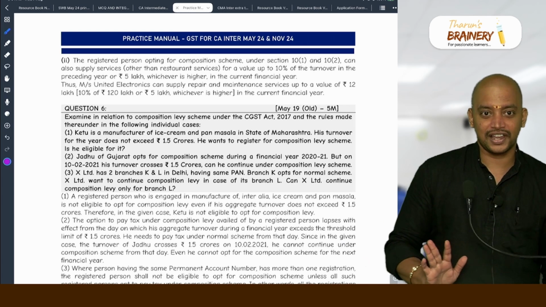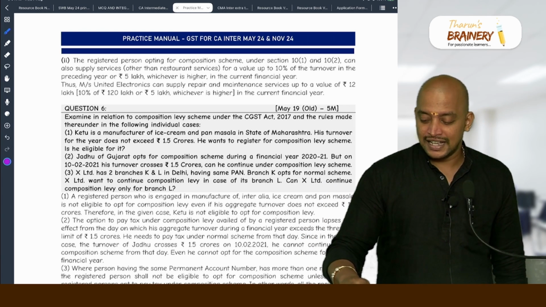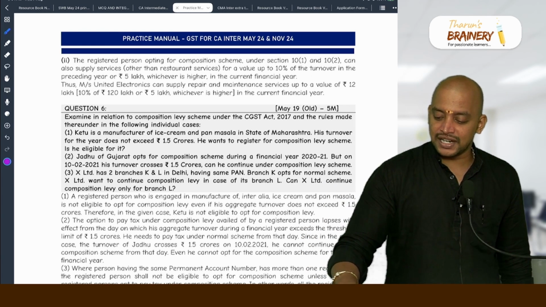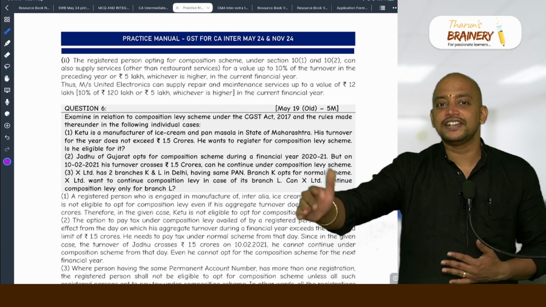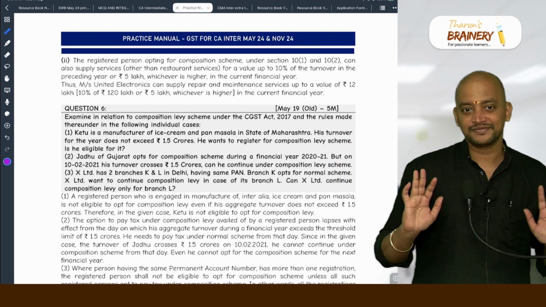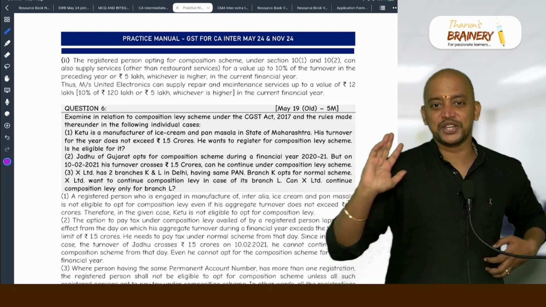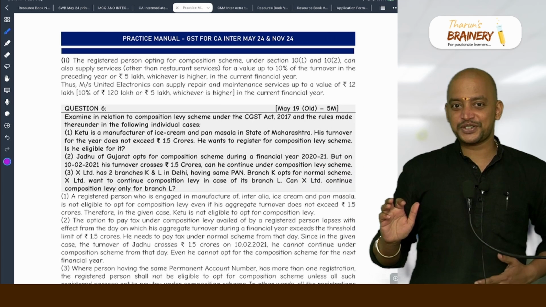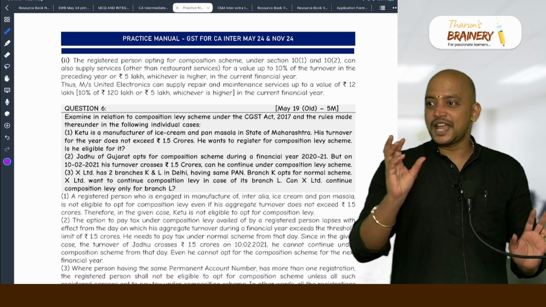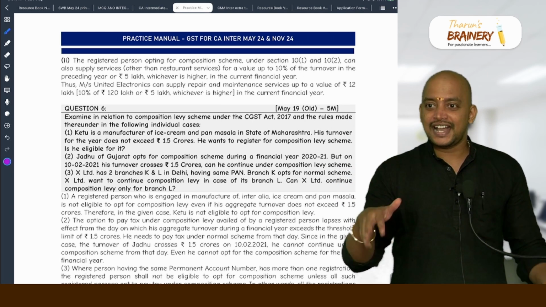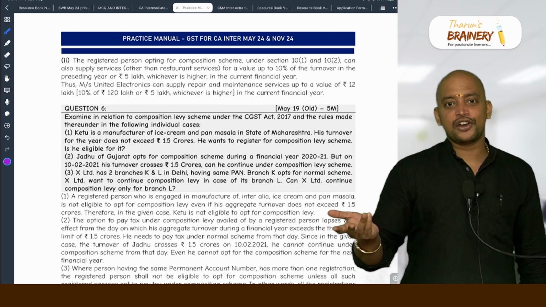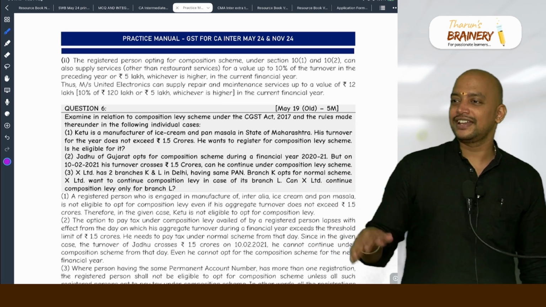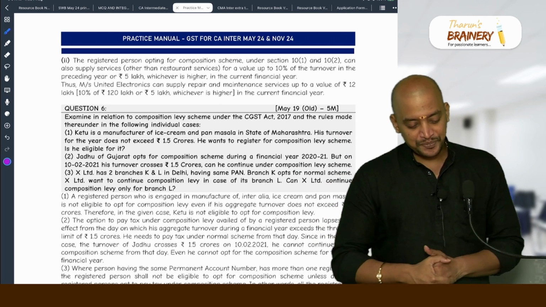So 46.5 and 68 means some 21.5 in income tax, 13 from MCQ. You understood? So MCQ scored a little bit, and in descriptive may not have got that many marks. It's okay.